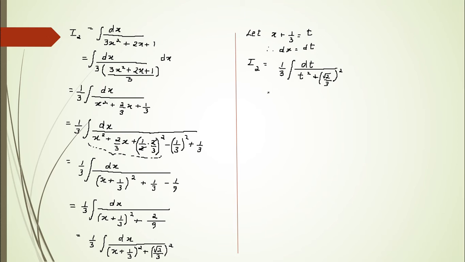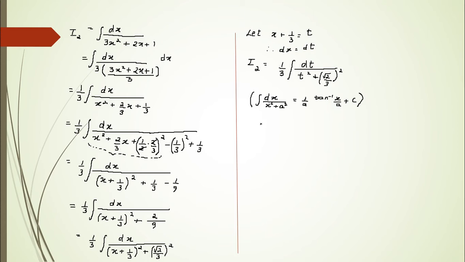Right? Now I'll use the integral formula. I am writing it here for everybody's reference. Integral dx by x square plus a square is equal to 1 by a tan inverse x by a plus c. So this is a standard integral form that I'm going to use.